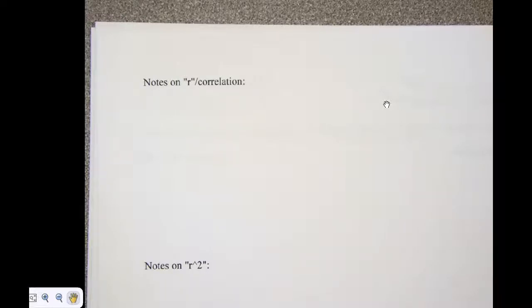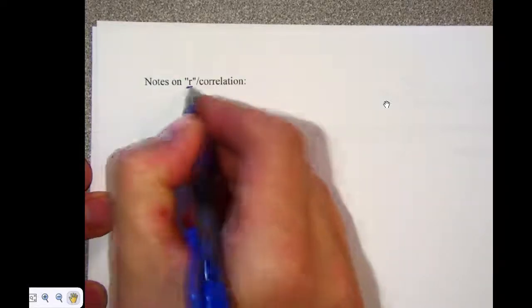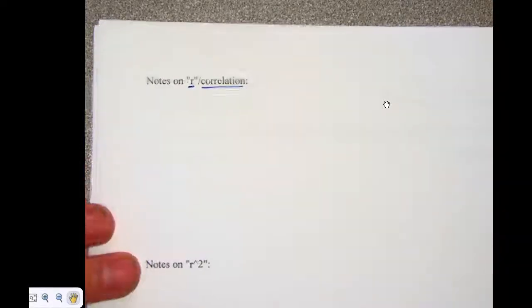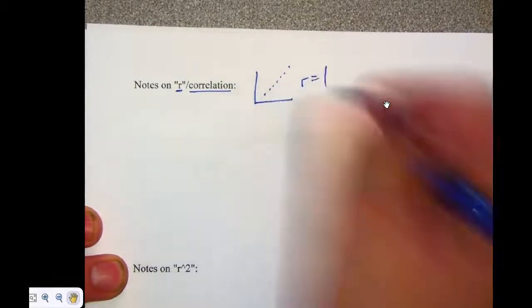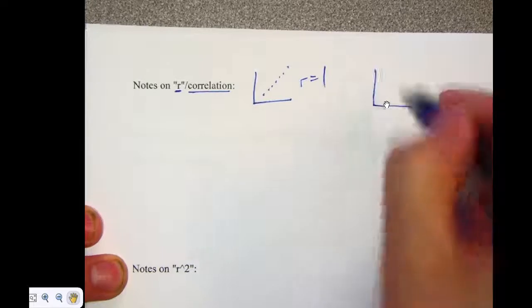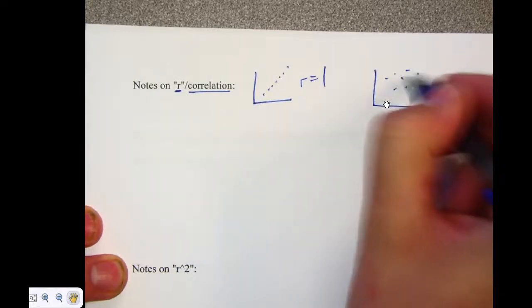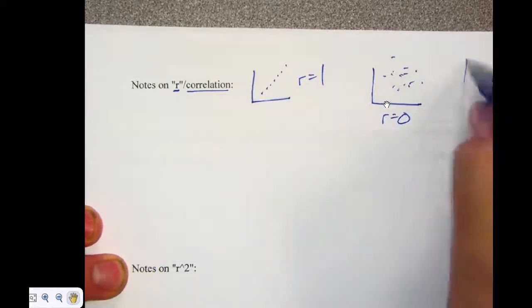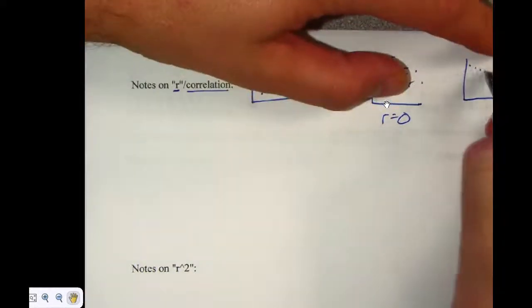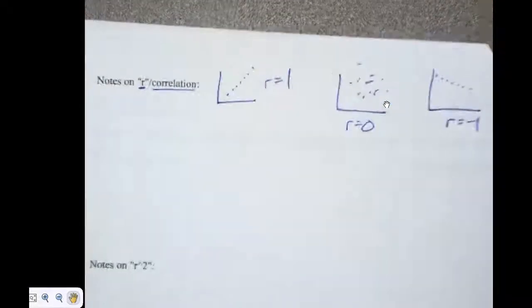So there are 3 words that start with R, and keeping track of which is which can be tricky. But regular R, if I just say what's R, that's correlation. A perfect one up would be R equals 1. Random, no pattern at all would be R equals 0. And perfectly down would be R equals -1, and then anything in the middle.